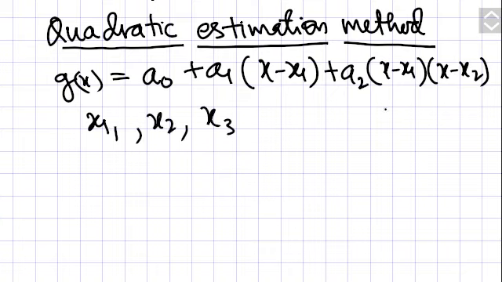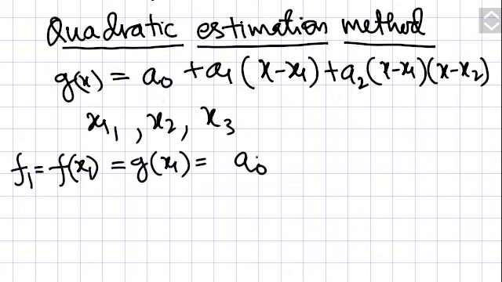At these 3 points you will find the value of the approximated function and take it equal to your function. This function can be some other function, but you will say that this is our function. When you put the value x1 here, you will get a naught.